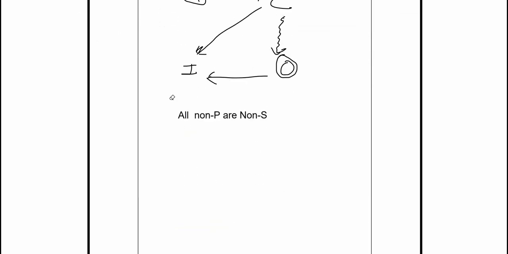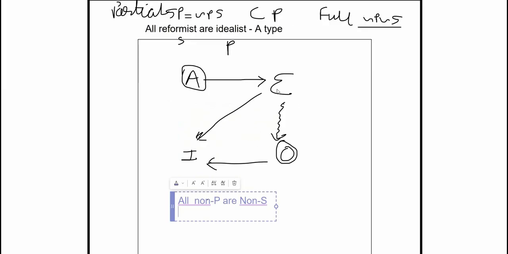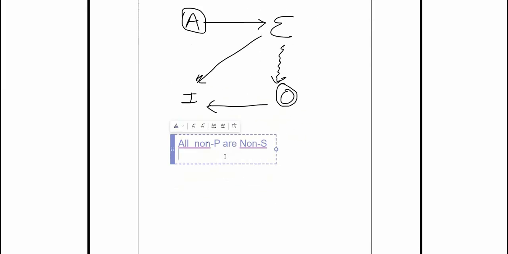Let's start with A type. A to full we have already done. For partial, A will go to E. So this is the full contrapositive. I'll write full contrapositive, CP.